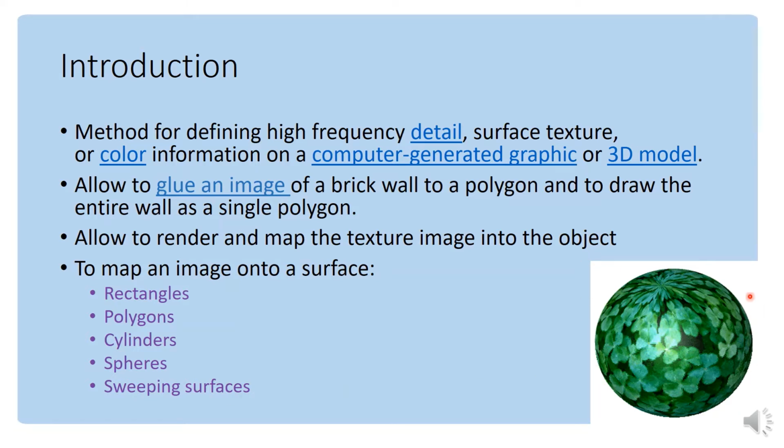I have a sphere as my object, and this green texture here is just an image that we apply to the sphere so that it can wrap or glue this image onto the sphere. That's the concept of texture mapping.